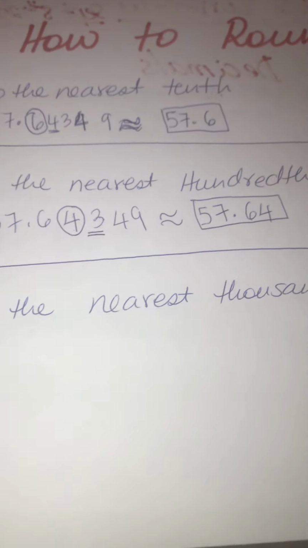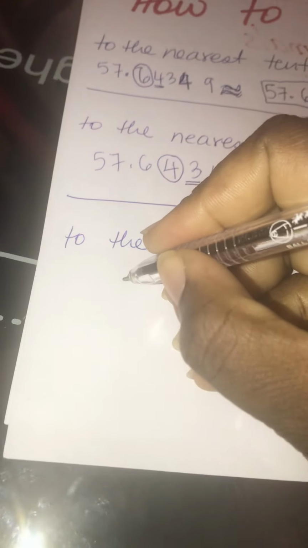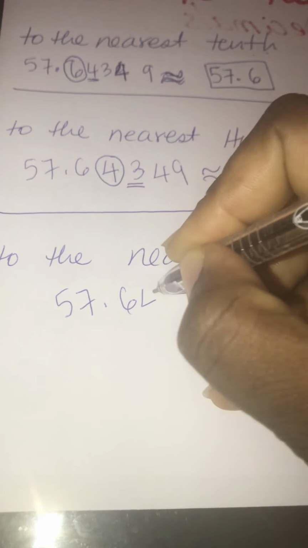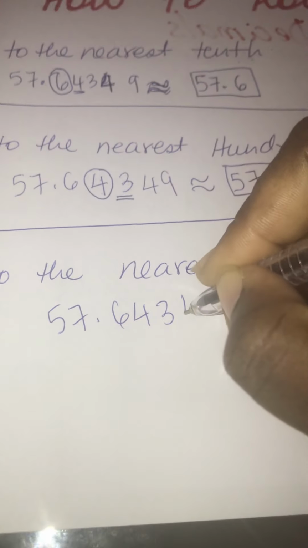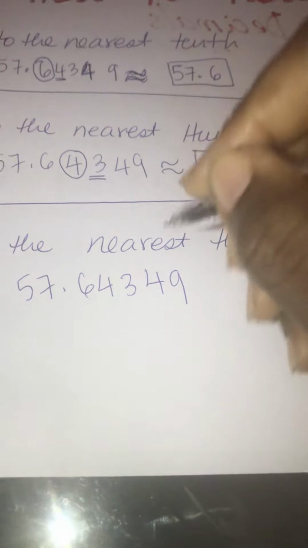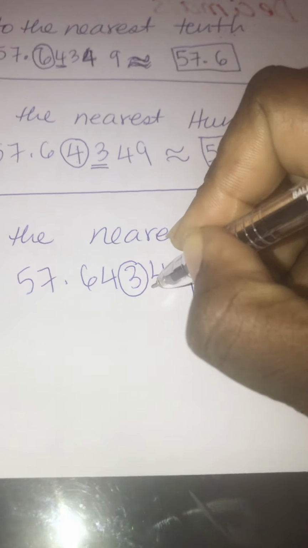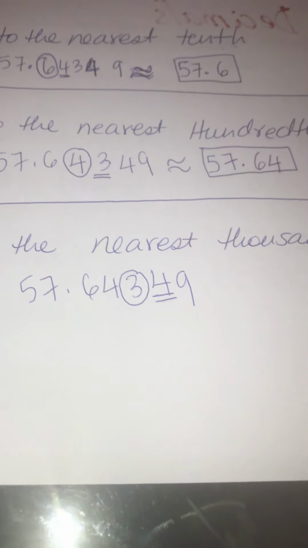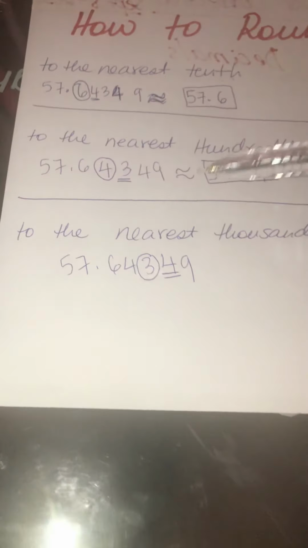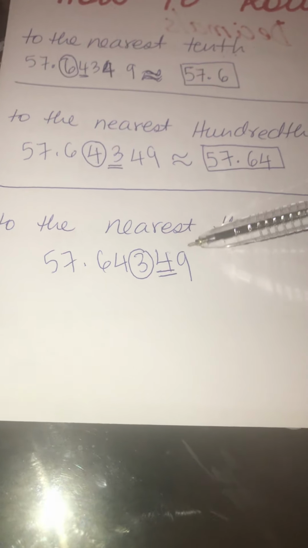hundredths. Let's do thousandths. So we write the question 57, 6, 4, 3, 4, 9. The thousandths place is where we have the digit 3. We circle, we underline the digit after the circle. Then we ask ourselves, the digit I have underlined, is it 5 or more?